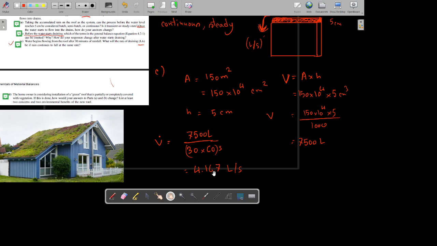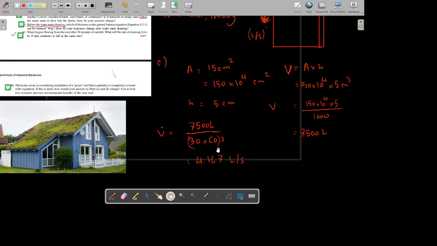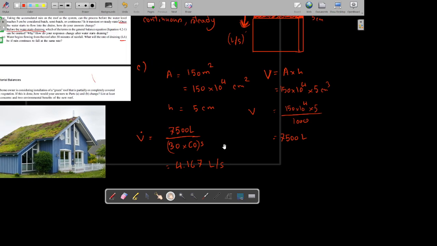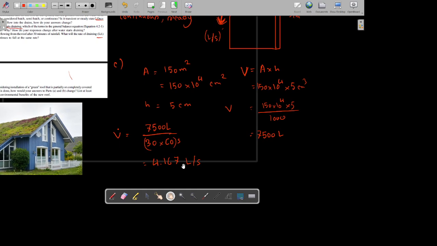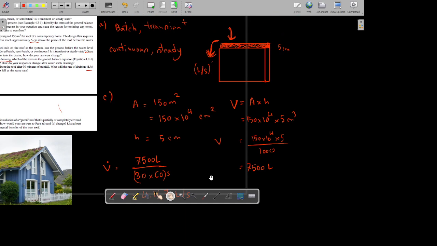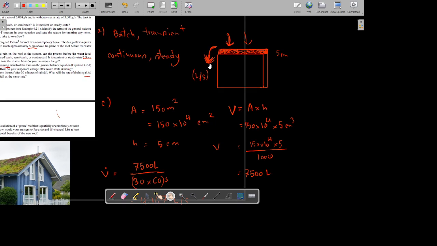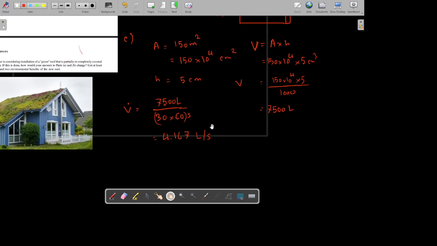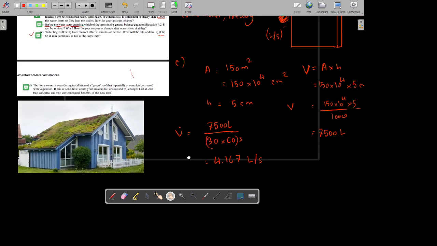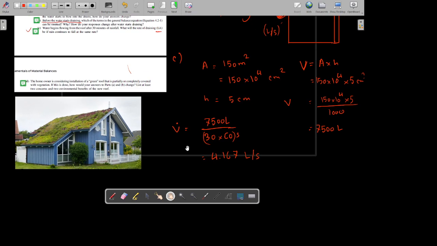So that will be our required volumetric flow rate. That will be our draining rate. So at this rate, water is falling into the roof, as well as falling out of the roof. So draining rate and rain falling rate are same, and the value of this is 4.167 liter per second. So we are done with our part C.